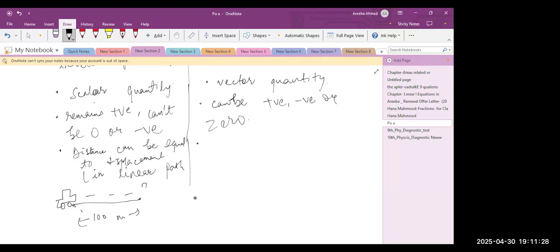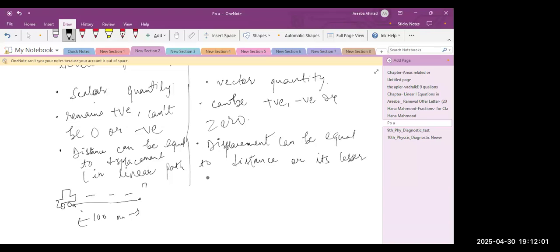Now in the next one, displacement can be equal to distance or it's lesser than the distance.